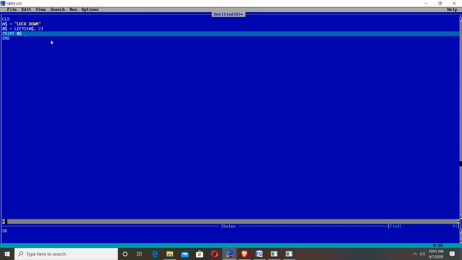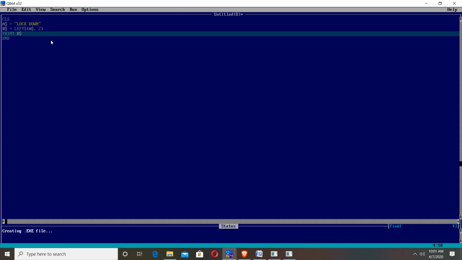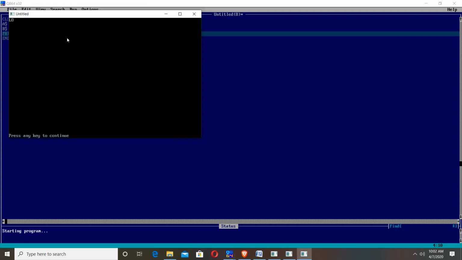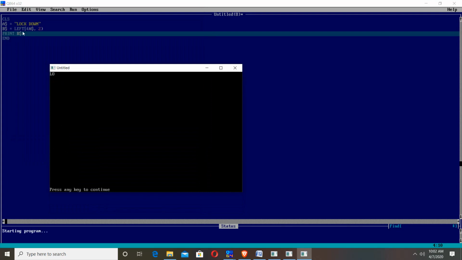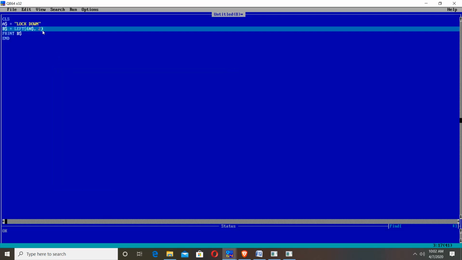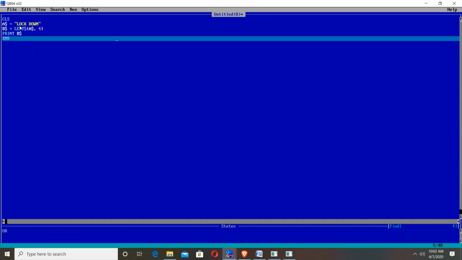So the output should be LO. It's just taking a bit of time to execute. So the output is LO, and we got 2 characters from the left hand side. Suppose if we use here, let's say 4. Now what should we get? 1, 2, 3, 4. That means we have to get LOCK. Let's check.